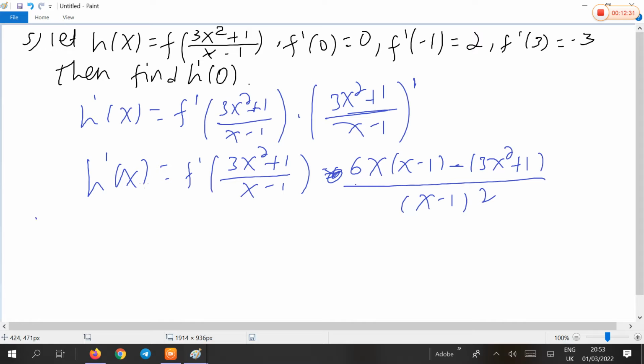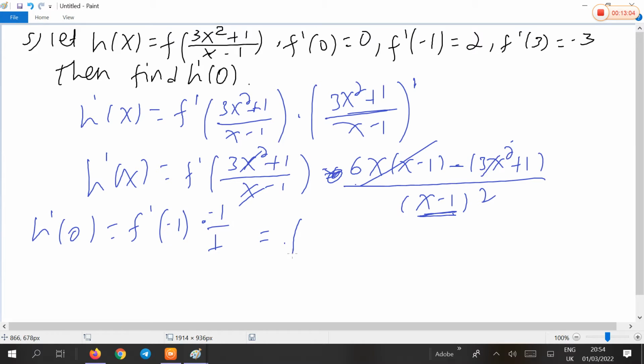Then what will be h derivative at 0? If we substitute 0, then it will be f derivative at 1 over minus 1, which is minus 1, times: 6 times 0 is 0, then 3x squared will be 0, so minus 1 over (0 minus 1) the whole square, it will be plus 1.